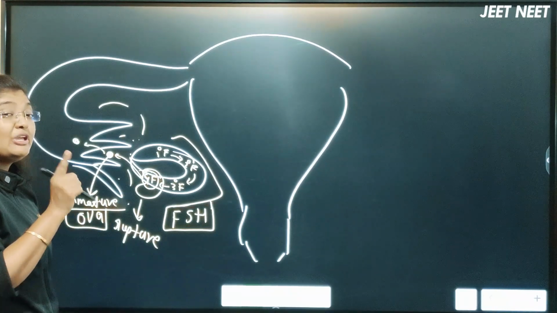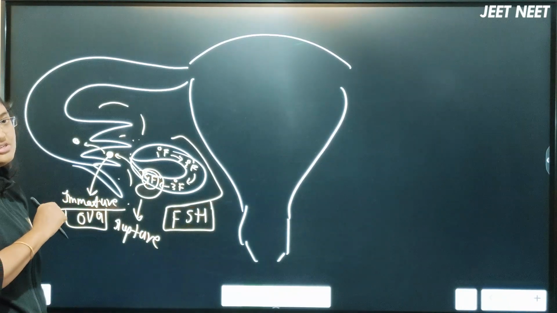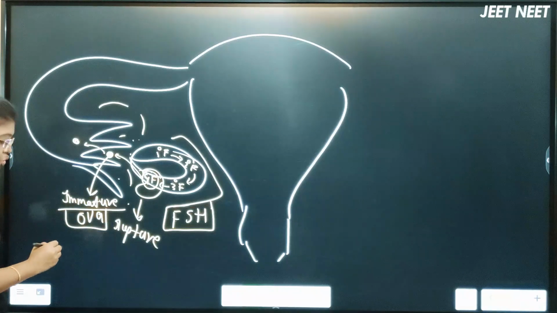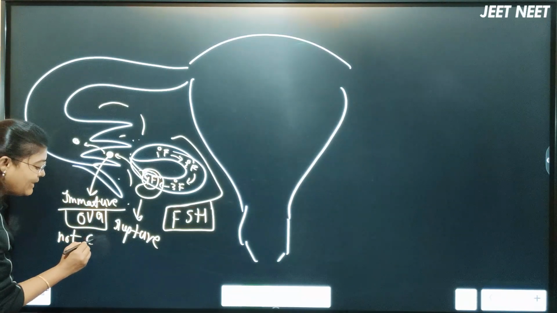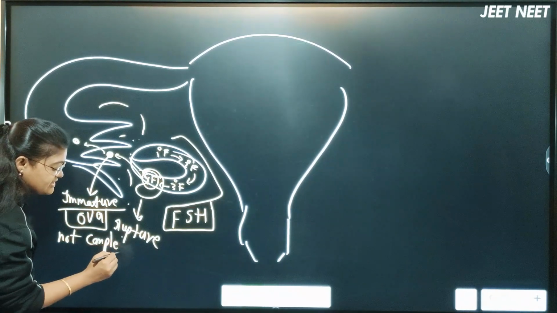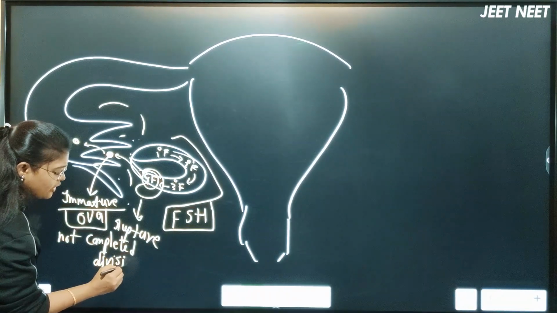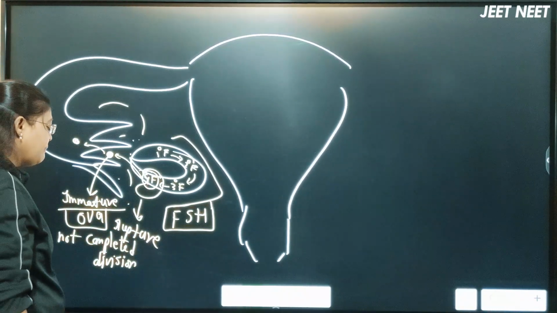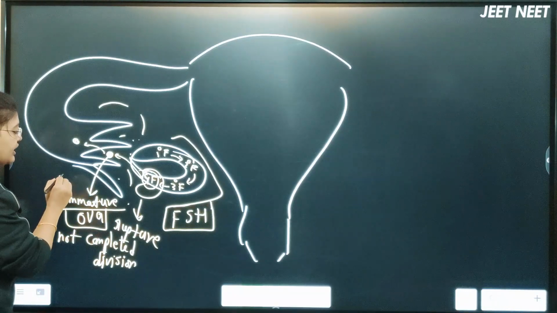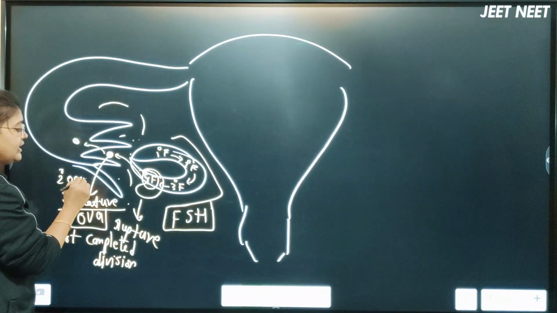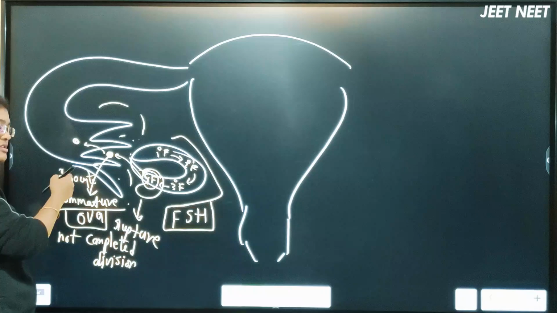I told you just now, in meiosis 2 it has arrested its division. So it's an immature ova, not completed its division. So I can use the word immature ova or immature secondary oocyte which is released here.